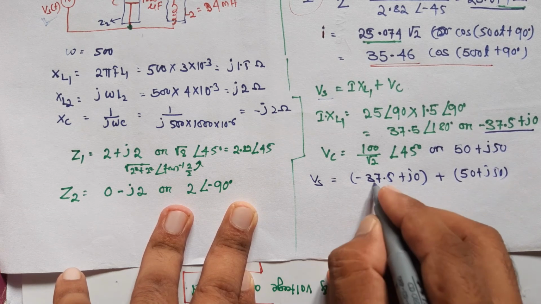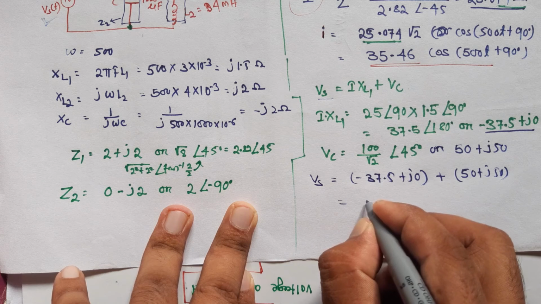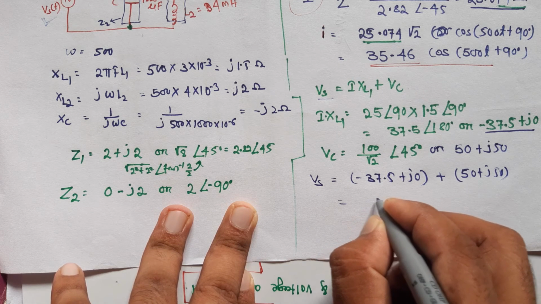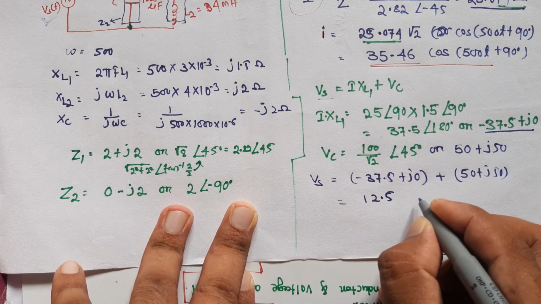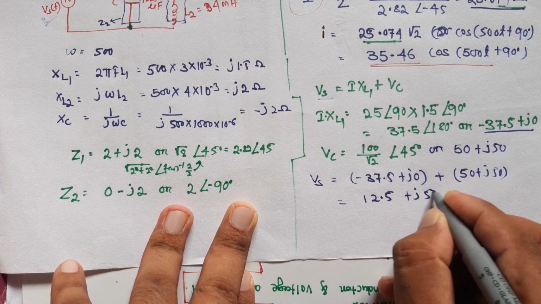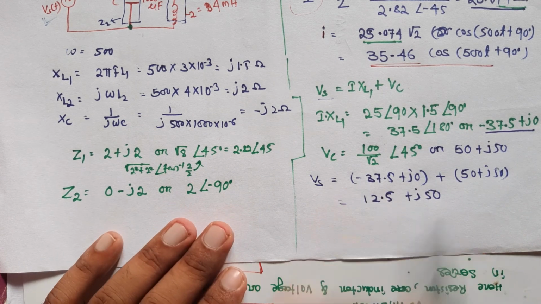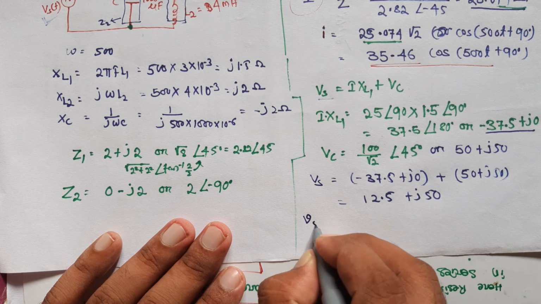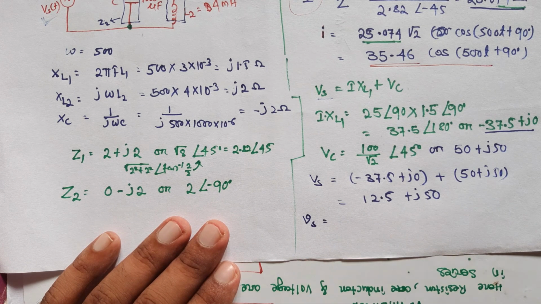Adding the real parts and the imaginary parts, we get 12.5 plus J50. This is the RMS supply voltage. We need to convert this to instantaneous. We know that RMS into root 2 is the maximum.